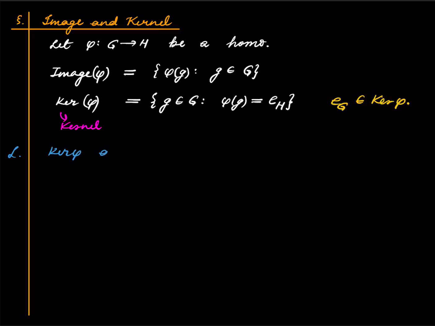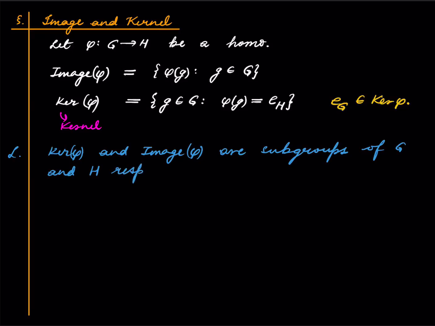Kernel phi and image phi are subgroups of the respective groups, so they are subgroups of G and H respectively. So this says that kernel phi is a subgroup of G and image phi is a subgroup of H.